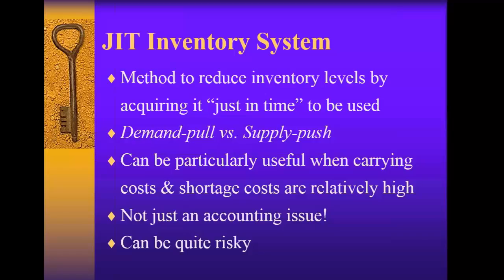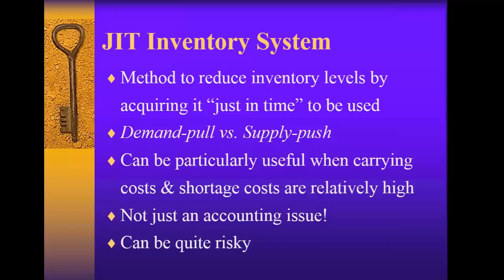He or she is looking at this not just from a credit and debit perspective, but from a very holistic perspective. And as we discussed, it can be quite risky. When it works, it is extremely efficient. When it doesn't work, it can wreak havoc on the overall process.